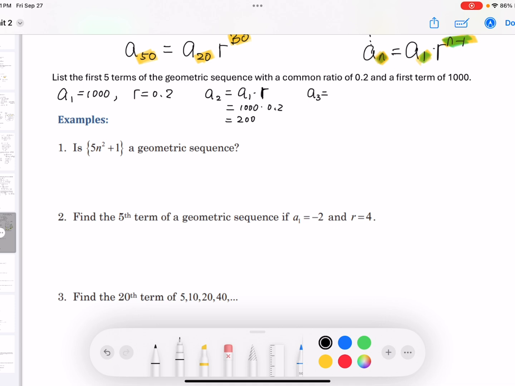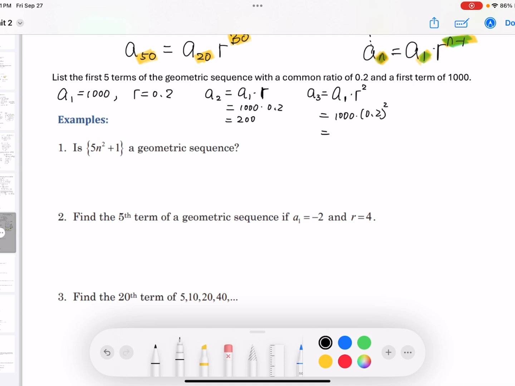And how about a sub 3? A sub 3 is equal to a sub 1 multiplied by r squared. You can also just say a sub 3 is equal to a sub 2 times r. You can also use the formula, which is a sub 1 times r squared. So if I'm using the formula, I'm having 1000 times 0.2 squared.